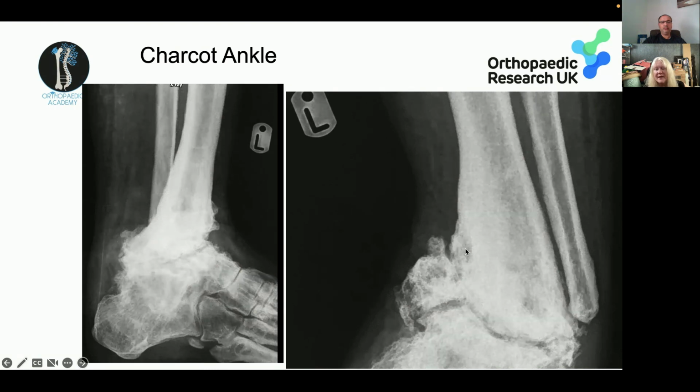It's collapsed. There's no end of the fibula. And there's all these areas where the bone's fragmented. Could this be infection? Yes. Could it be an end stage of rheumatoid? Possibly. But when you see this volume of joint destruction, it's usually Charcot or infection.